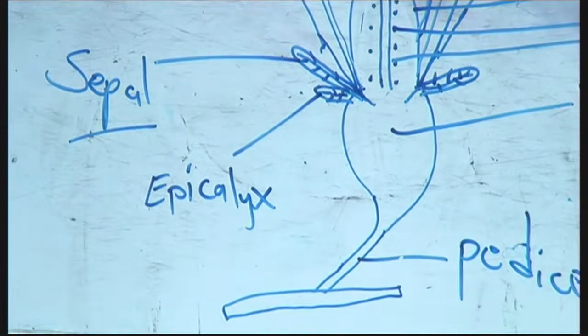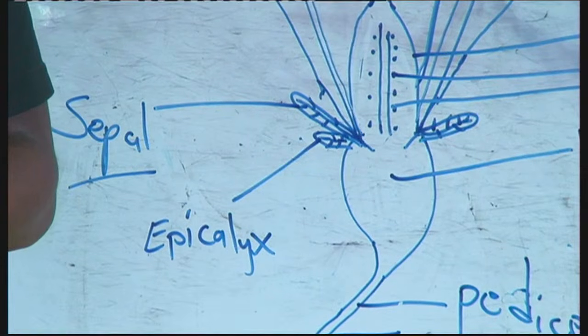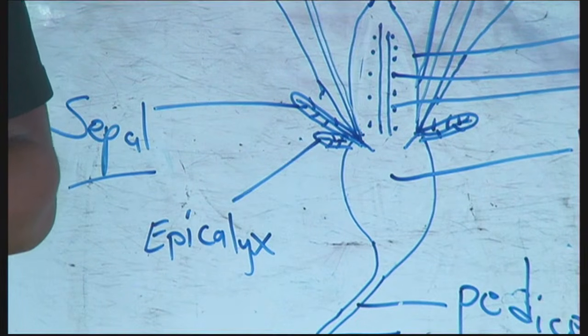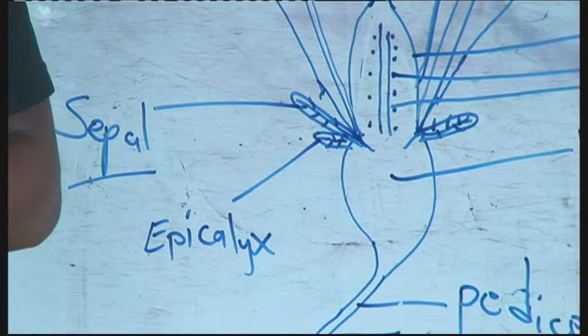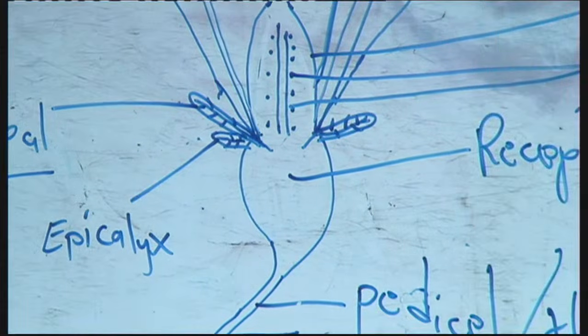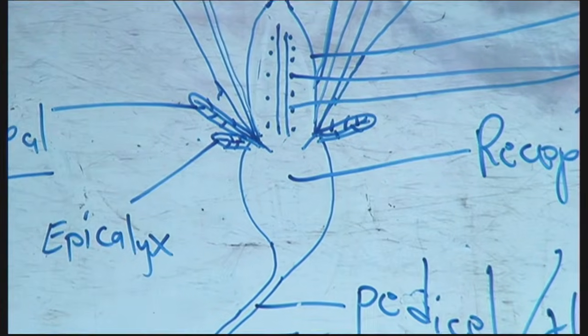We are forgetting that structure. What is the function of the epicalyx? The epicalyx is for the protection of the flower. It also protects the flower before it bursts open, just like the sepal.